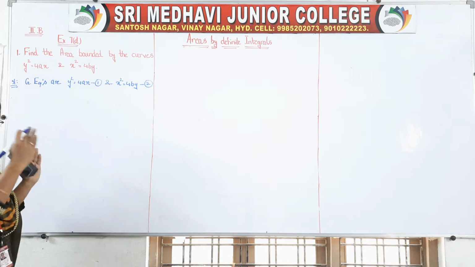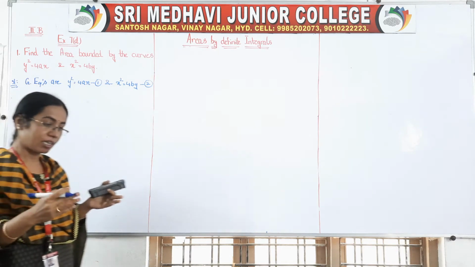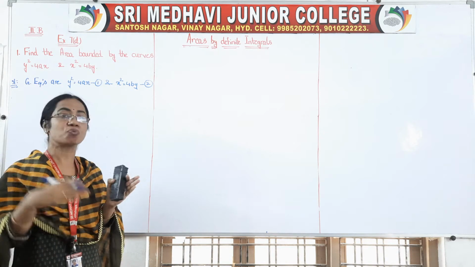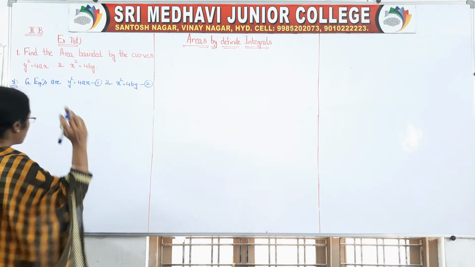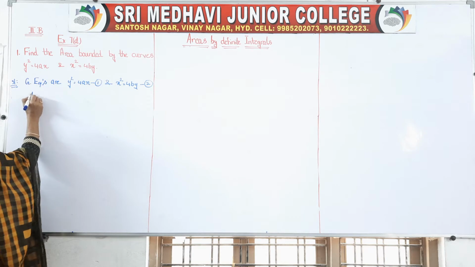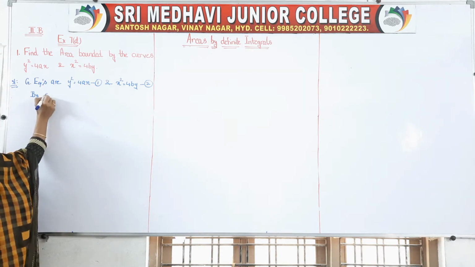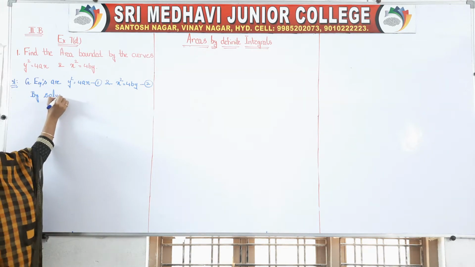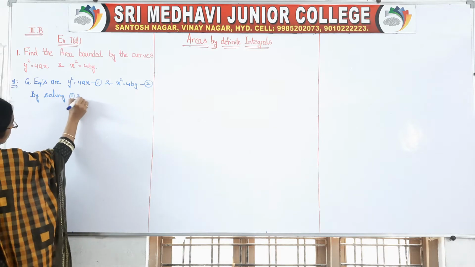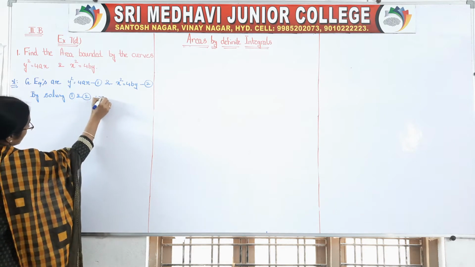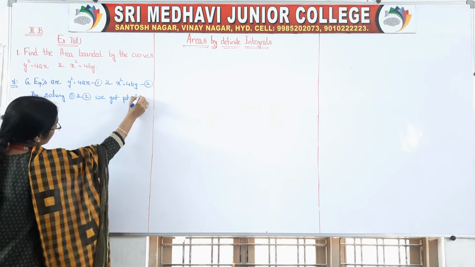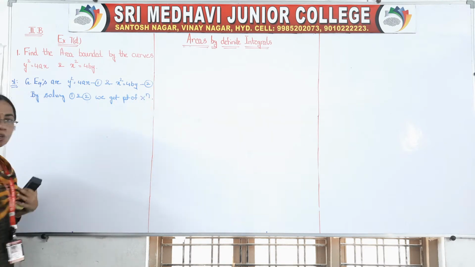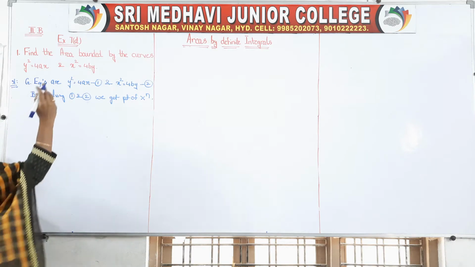By solving these two equations, we will get the points from which to which point we have to find the area. Okay, so come on, by solving 1 and 2, we get the point of intersection. Okay, so how we will get it?